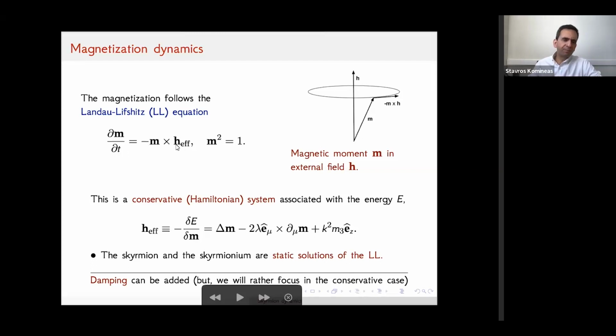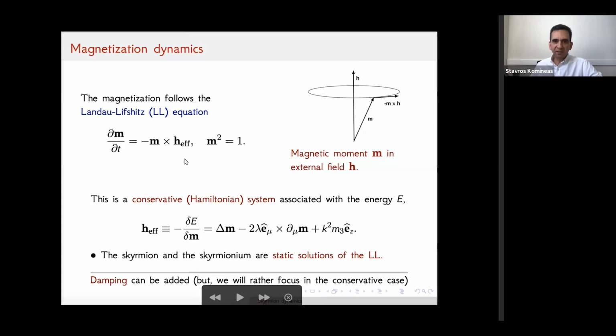I think most of the people here must have seen this equation in some form, because if you do an electromagnetism course, you see that if you have a magnetic moment and an external magnetic field, the magnetic moment precesses around this magnetic field. This is exactly this equation. Precession is given exactly by this dynamical equation. So this describes precession of the magnetization around this field H.